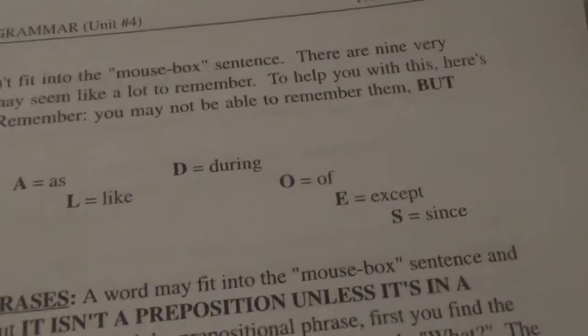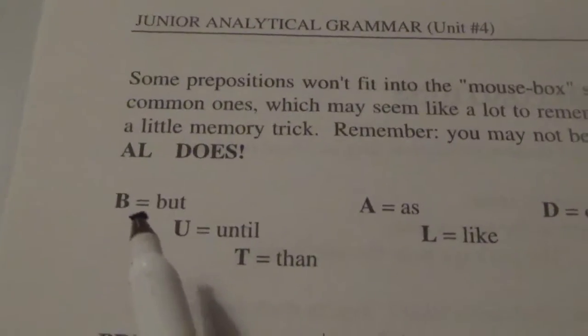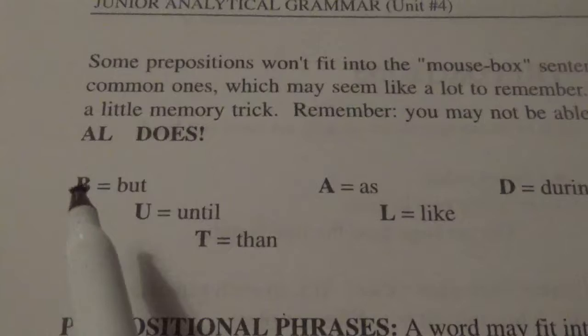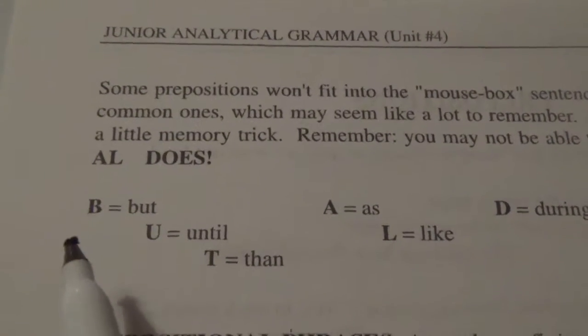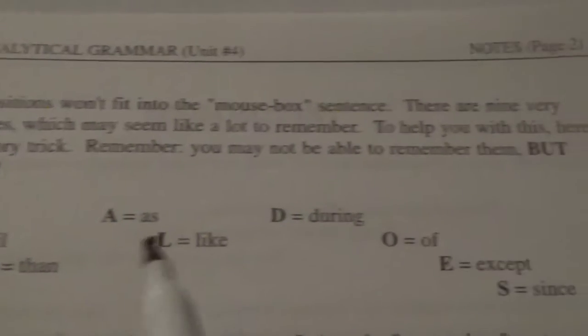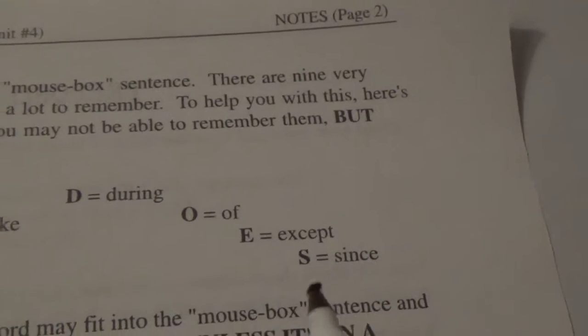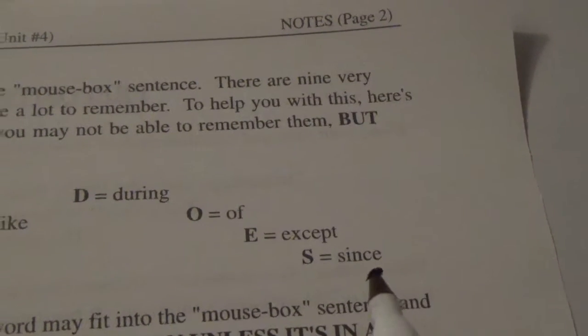You may not be able to remember the 9 prepositions that don't fit into the mouse box sentence, but Al does, and but Al does will help you remember what those prepositions are. They are but, until, than, don't get that confused with then, as, like, during, of, except, and since.